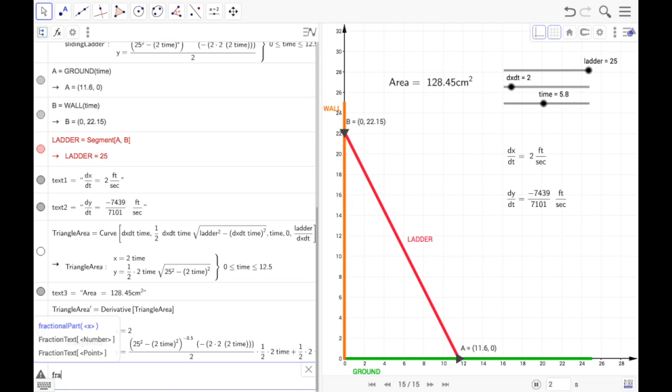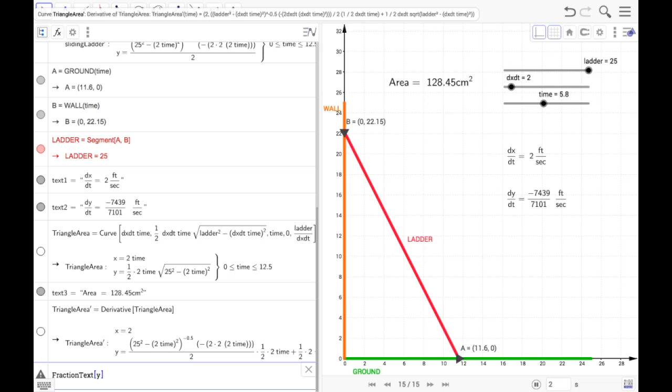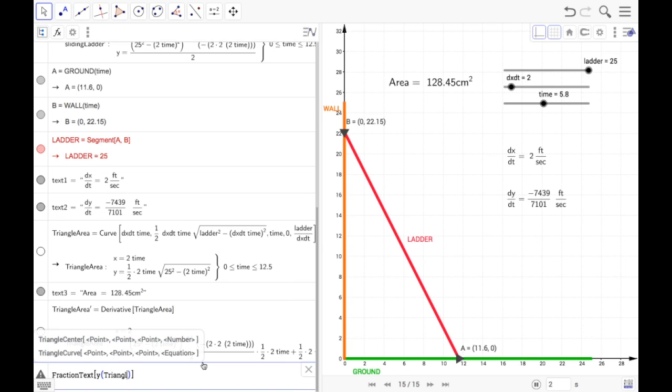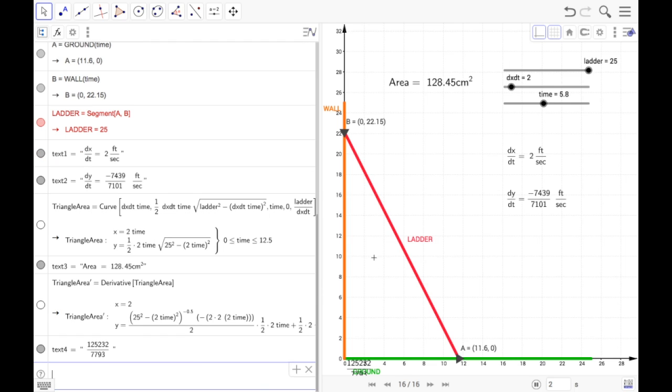We're going to use something called fraction text. For the fraction text, I want the y value, so I type in y from area prime, and I want that at the current moment in time, which is indicated by the timer. I press enter there, and we see we have this fraction.